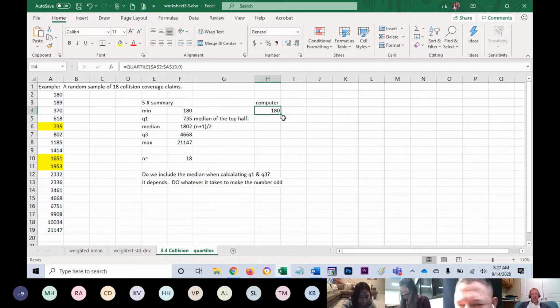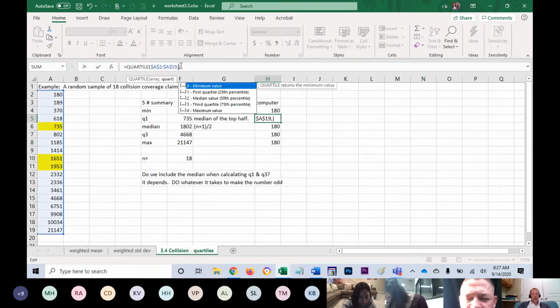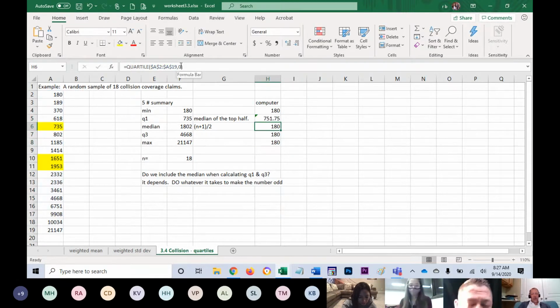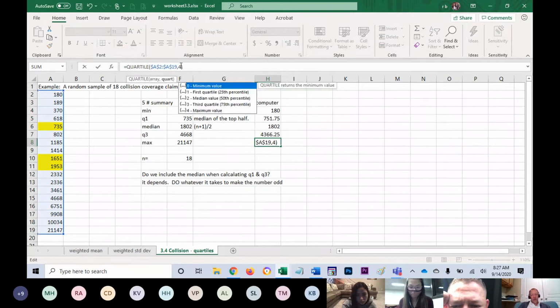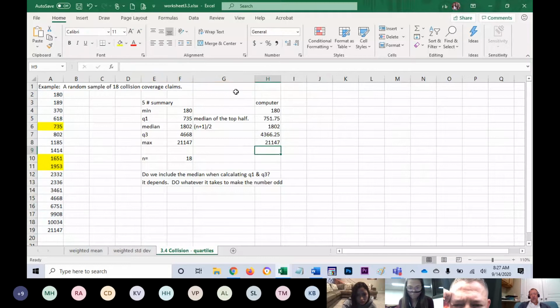Then I can copy this down, and all I have to do is change this 0 to a 1, a 2, a 3 and a 4.